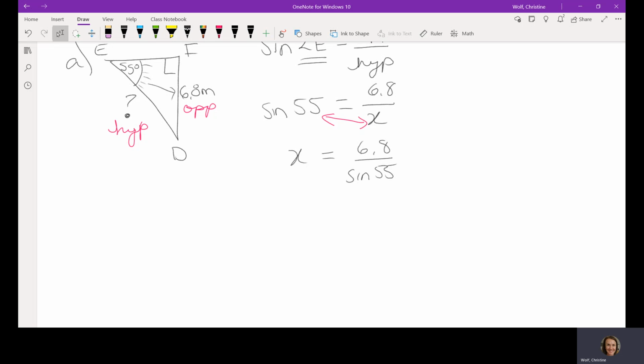If you 6.8 divided by 55 sine, a decimal is going to pop up. That's not the answer. That's just the answer to 55 sine. You have to press equals one more time to get the answer, which should be an 8.3. So if you've got 8.3, phenomenal. If not, you need to let me know and I'll show you how it's done.